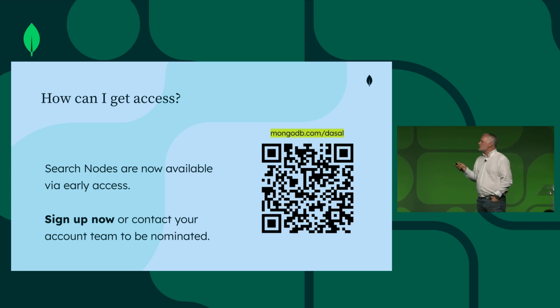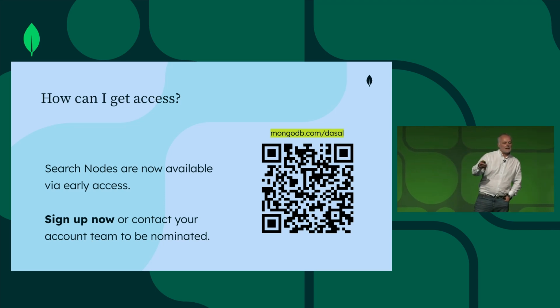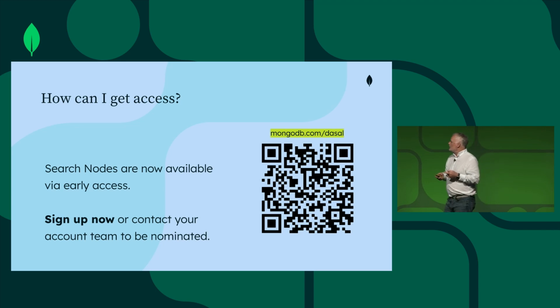At the moment, search nodes are in private, what are we calling it? Private early access. And so if you want to make use of it, you can scan this QR code or go to mongodb.com/DASL.